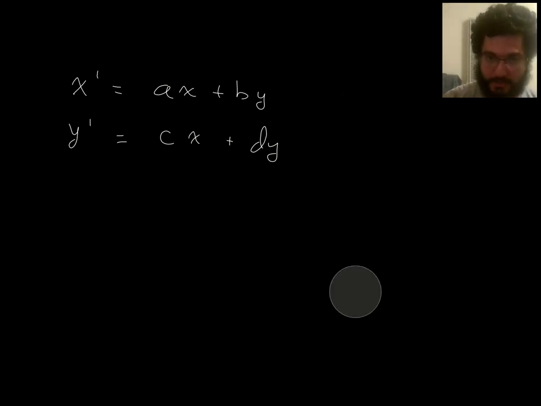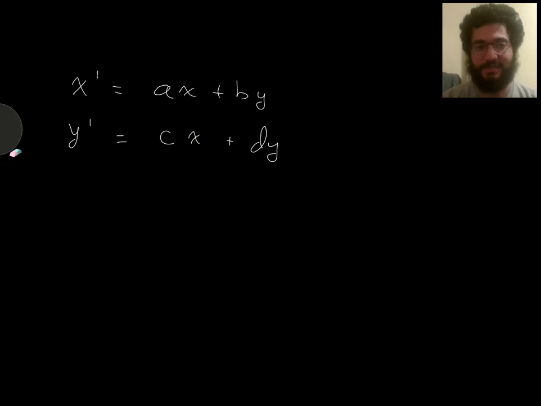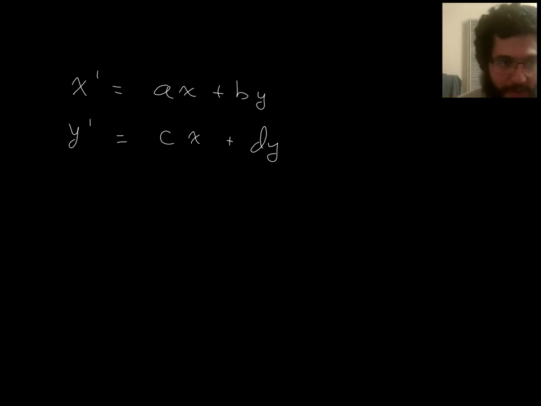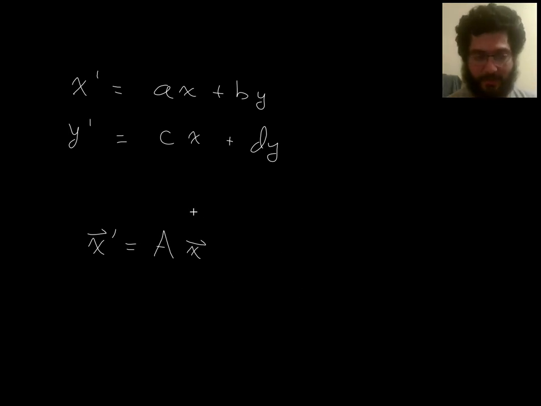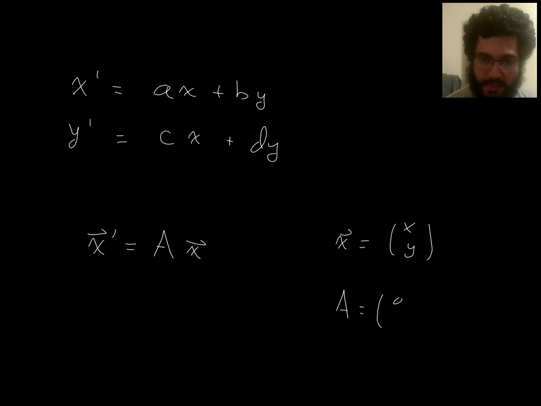So I just lopped off these f1 of t, f2 of t, assume there's no time dependence, and we're just looking at this. A compact way to write this is x prime equals A x. This is the nice compact way to write it, where what's meant by x is a vector of unknown functions x, y, and what's meant by A is a matrix of constants like a, b, c, d.